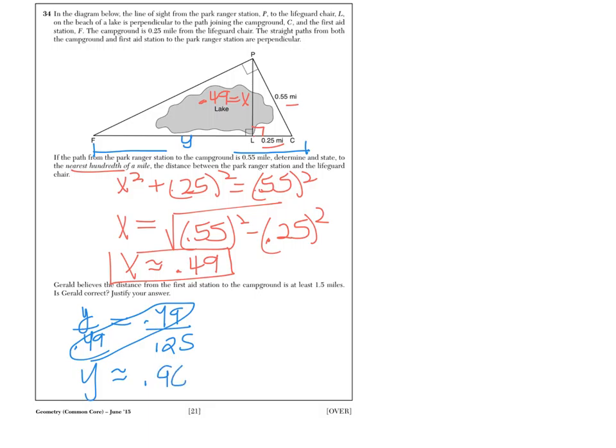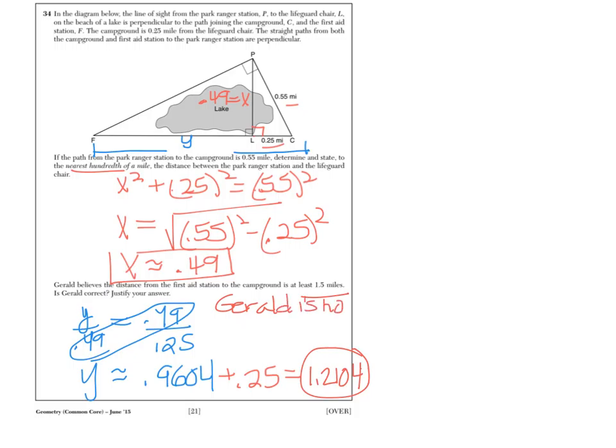And we're going to add that value to 0.25 to get a total sum for FC equal to 1.2104, which is less than 1.5 miles. So Gerald is not correct.